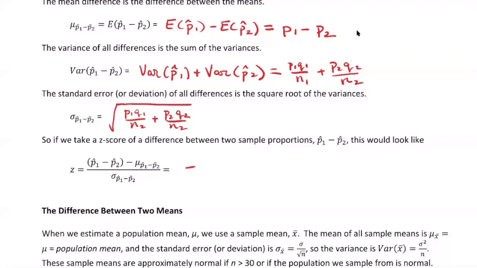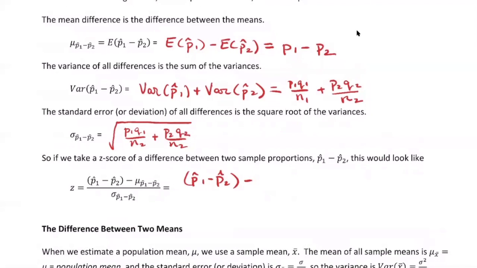So this would be p hat 1 minus p hat 2. Okay, that's the difference. And then you subtract the mean difference, which we said up above here is P1 minus P2. We put in parentheses. Okay, over the standard deviation of differences, which I'm just going to copy and paste.